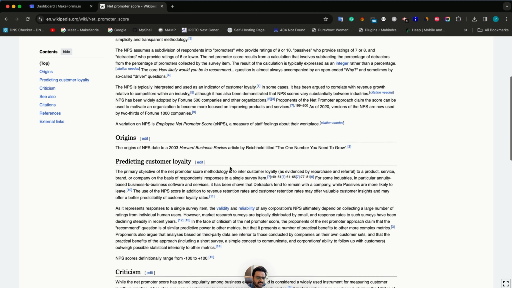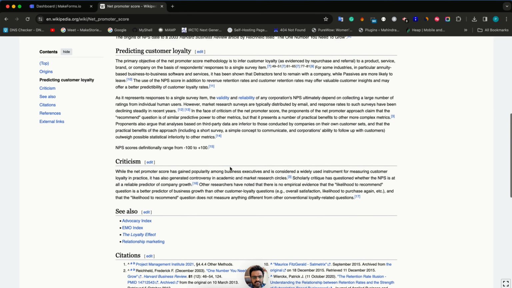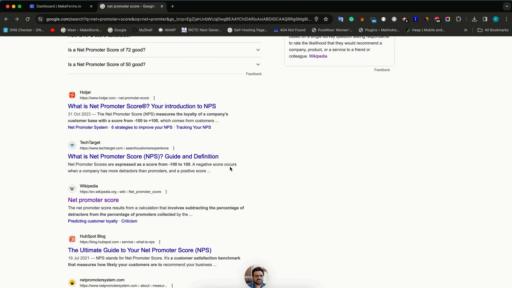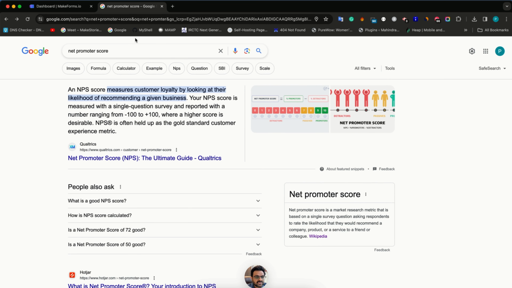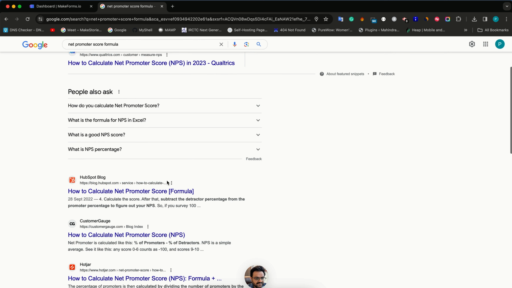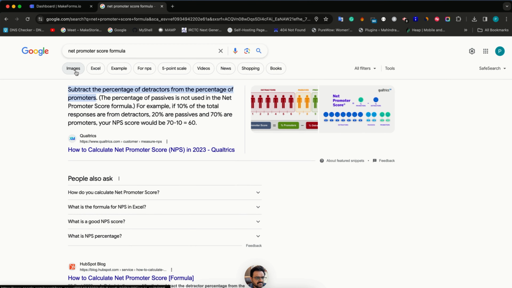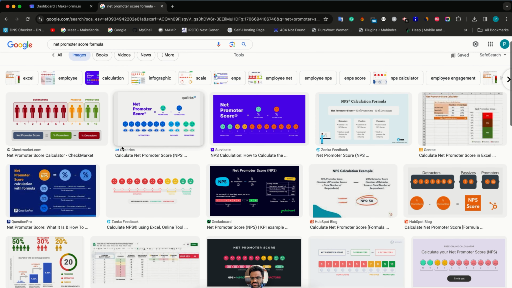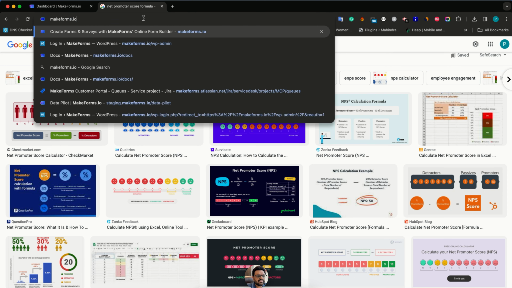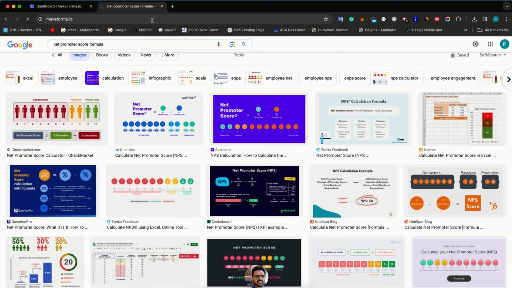Now, how is the net promoter score formula calculated? Let's also try to understand the net promoter formula. We have a really good article about this on MakeForms.